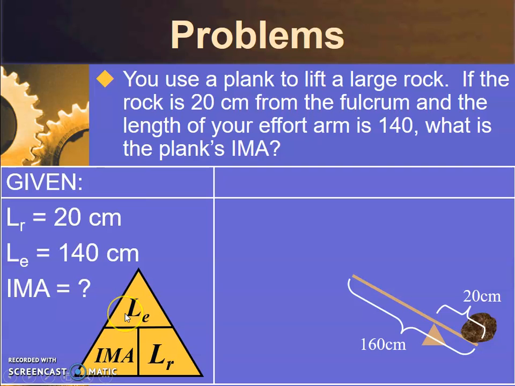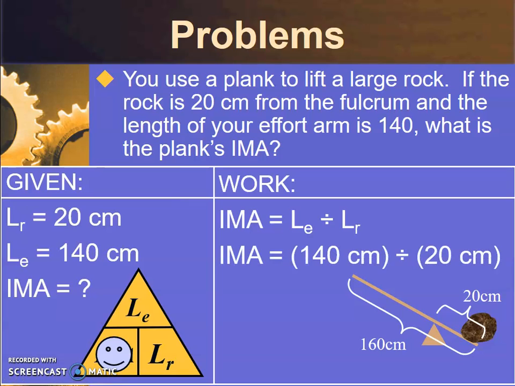If we have our triangle here, we cover up the IMA, and we need to do L sub E divided by L sub R. So we need to do human effort divided by machine resistance. That means we do 140 divided by 20, and we get 7. So my mechanical advantage is 7.